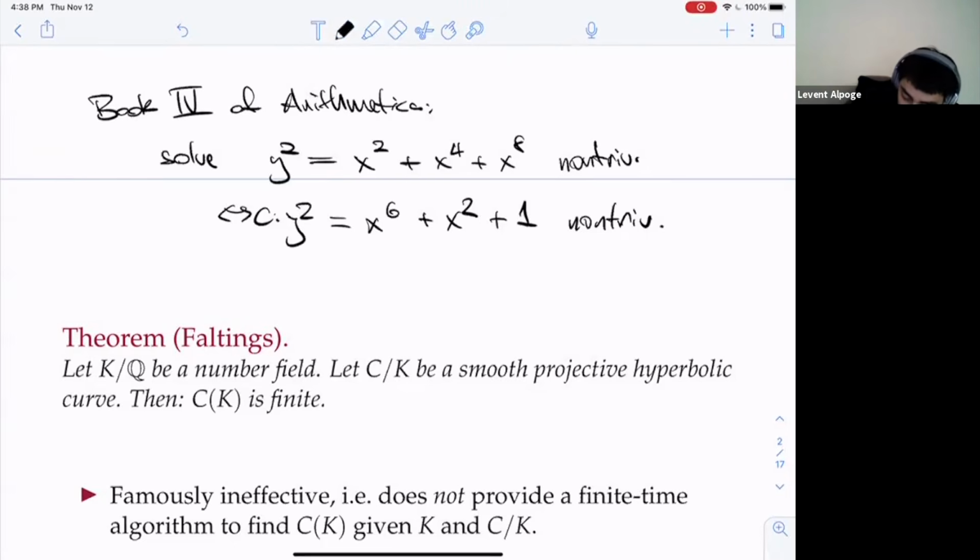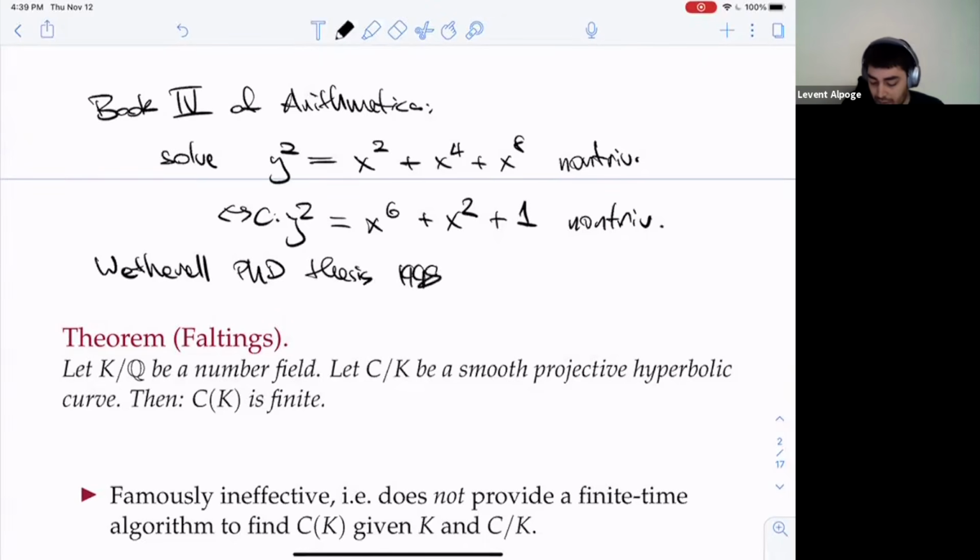And just to make the point that even with Faltings' proof, it was quite difficult to solve this one equation. This equation had to wait till Wetherell's PhD thesis in 1998, a Berkeley PhD thesis. My handwriting hopefully improves as time goes on.